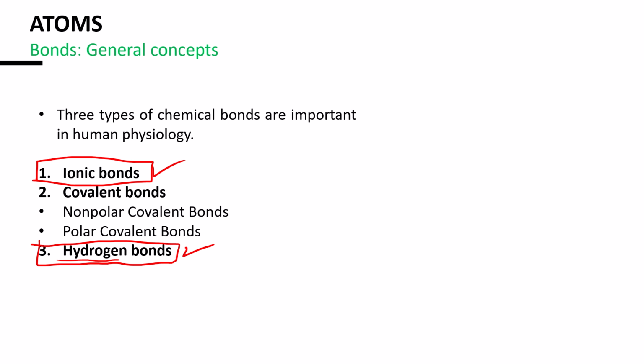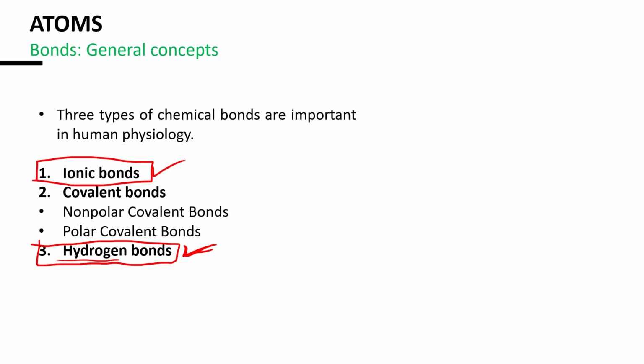So it's easier to break hydrogen bonds, and this is going to be important because in the DNA of the cells, there are structures where what keeps those compounds together are hydrogen bonds, and things that can alter or break these hydrogen bonds can alter the DNA structure.